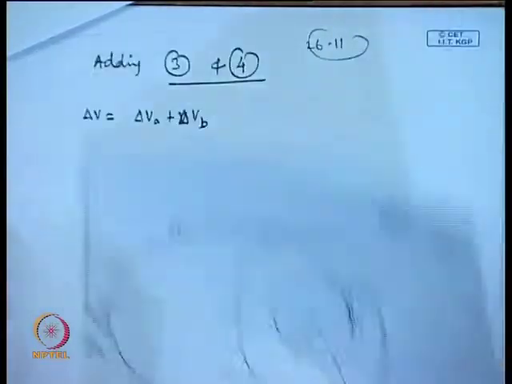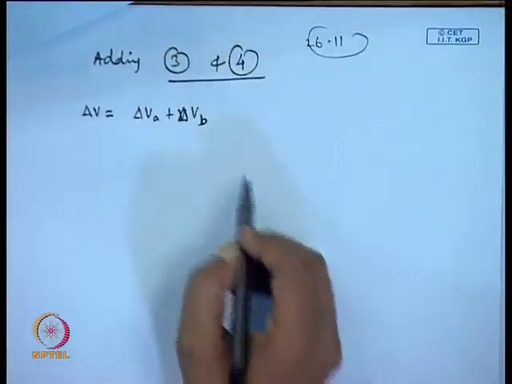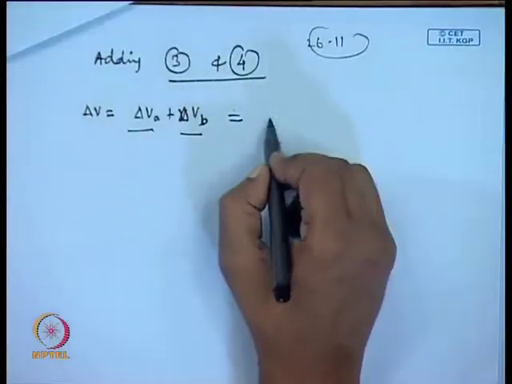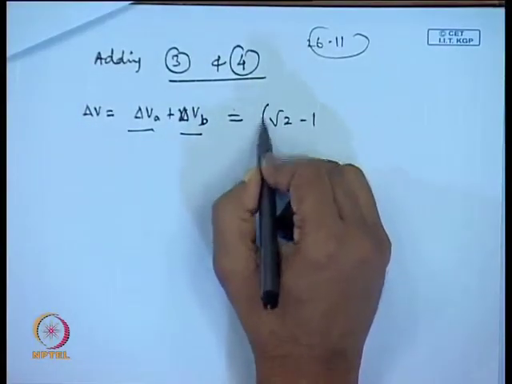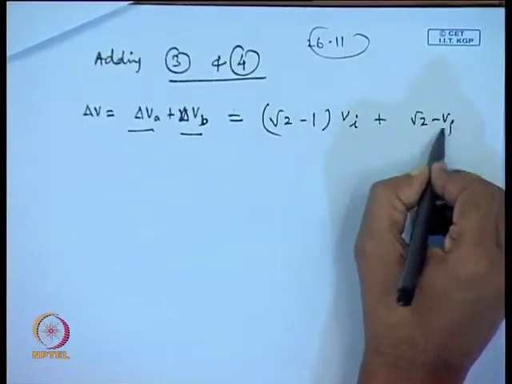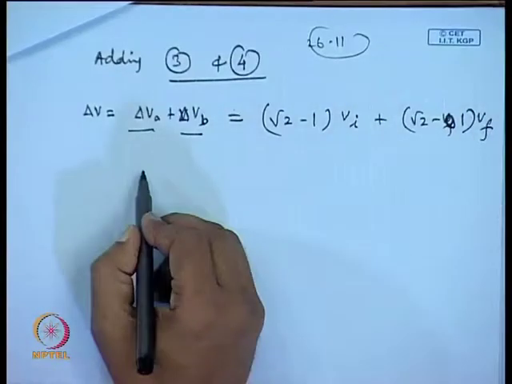You could use another notation, but I am just putting delta V here. So, delta V A plus delta V B turns out to be minus root 2 minus 1 V I plus root 2 minus 1 times V F.